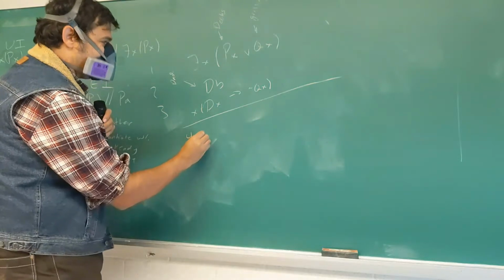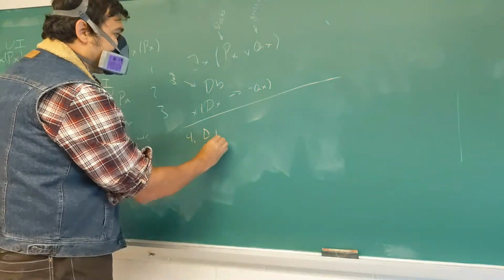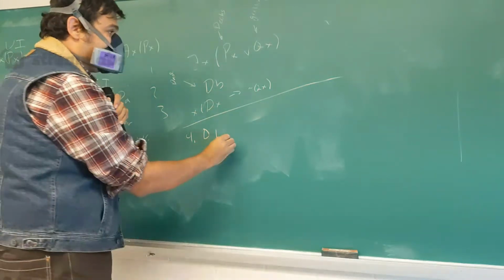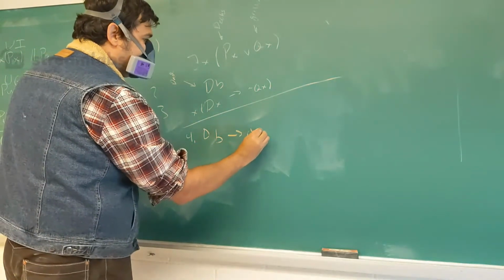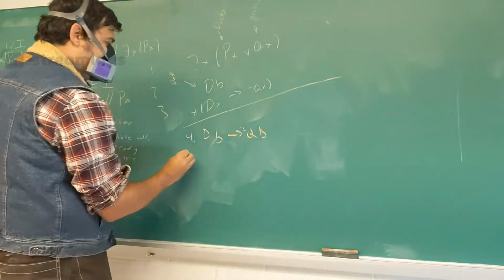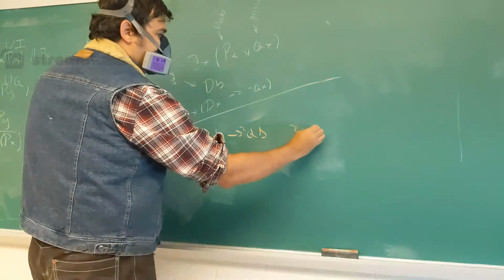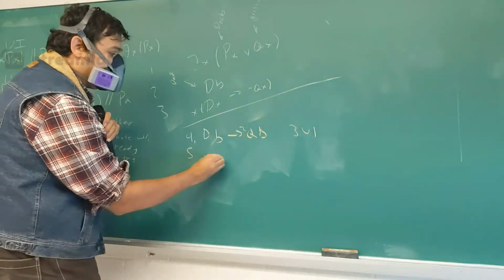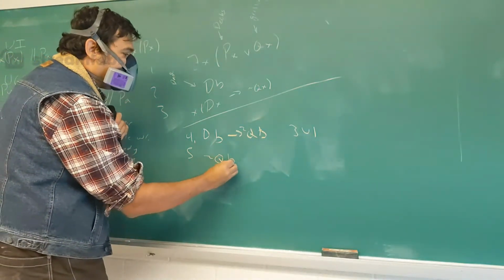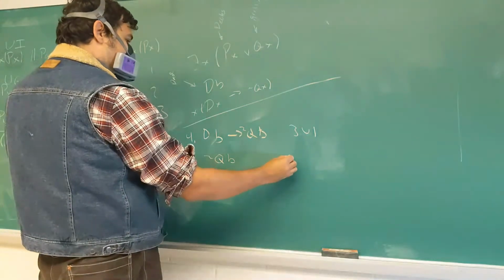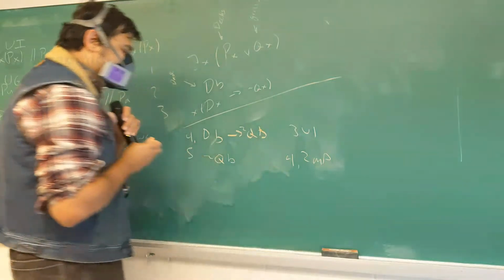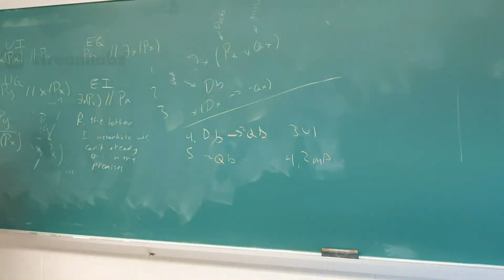I can make it about B, because of the particular object, and I want to get it to line up. So that's three, universal instantiation. Now I can do modus ponens, and I now know that this guy B doesn't like grilling. He's a dad, but he doesn't like grilling.